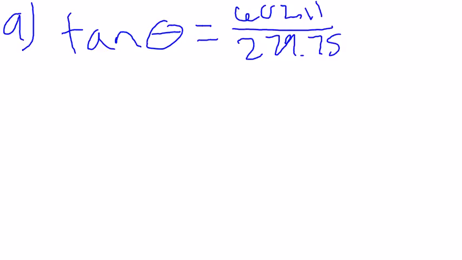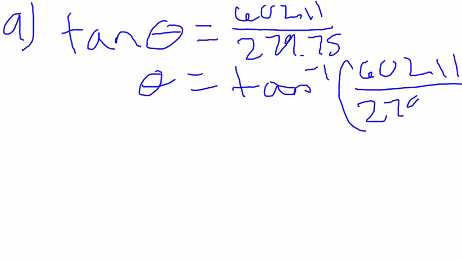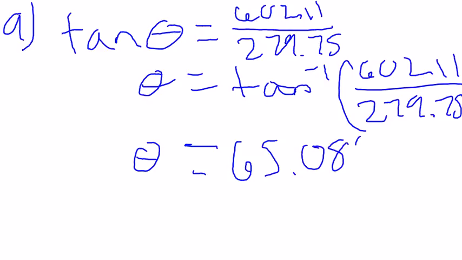We solve for that using the inverse tan of 602.11 over 279.75, and it should come out to an angle. Make sure this is in degree mode. I came out with an angle of 65.08 degrees. And that's it.